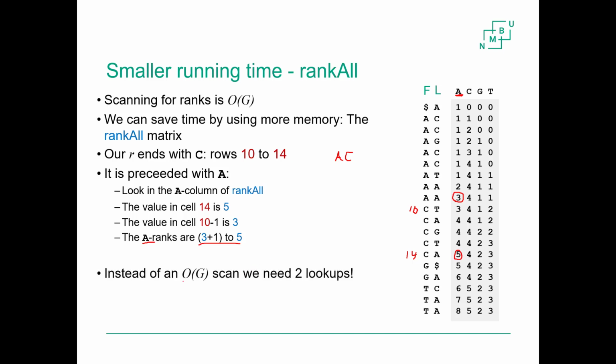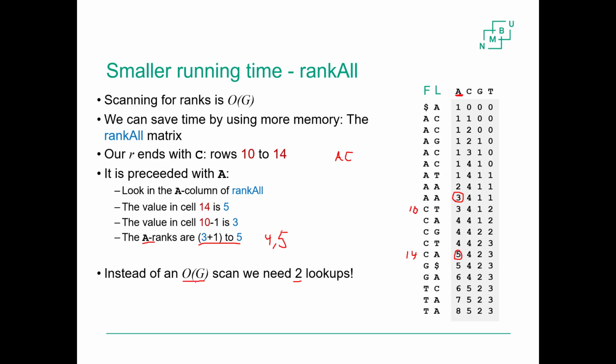So instead of having this scan here through this section, we now need only 2 lookups to find these two numbers. And from these two numbers, we have all the ranks of A that we are going to need, 4 and 5, right? And go to the previous slide to see that this is actually correct. And this is always correct, it turns out.